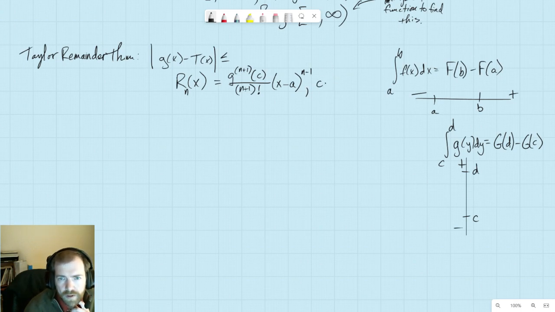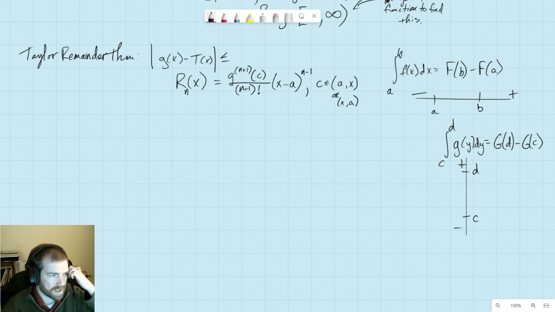Where c is going to be between x and a, or between x and a that way, whichever way it is.